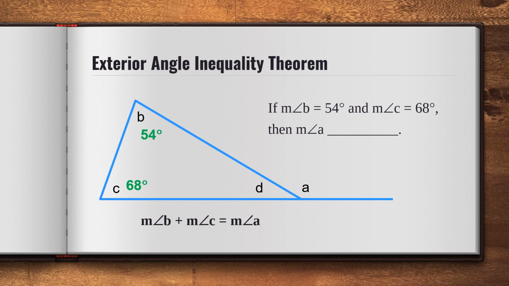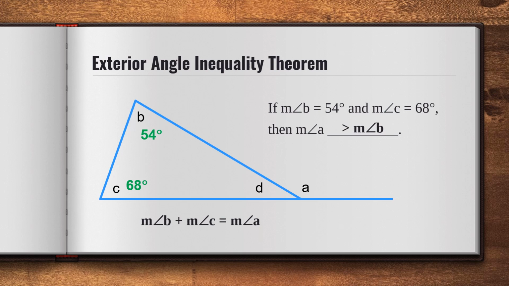Okay? So, kung i-apply natin yung inequality theorem, we could say that the measure of angle A is greater than the measure of angle B. Diba? Tama naman po. Kitang-kita naman na ang angle A ay pinagsamang angle B at angle C. So, kung ikukumpara natin si angle A with angle B, mas malaki si angle A. Okay?